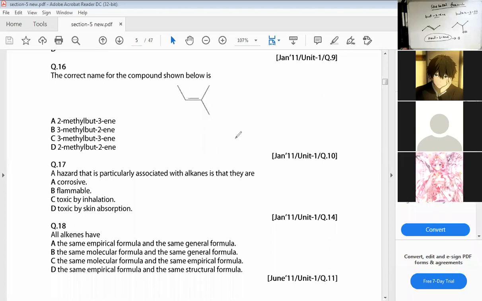Try first. Tell me, what is the name? Sir, B. B is the 3-methylbutene.